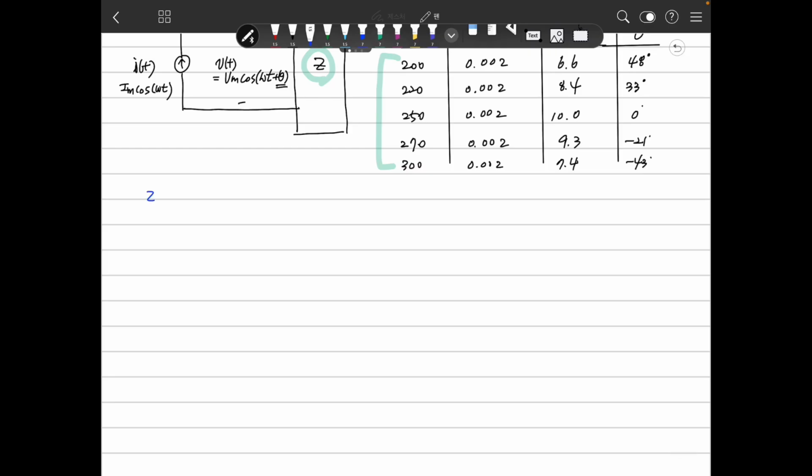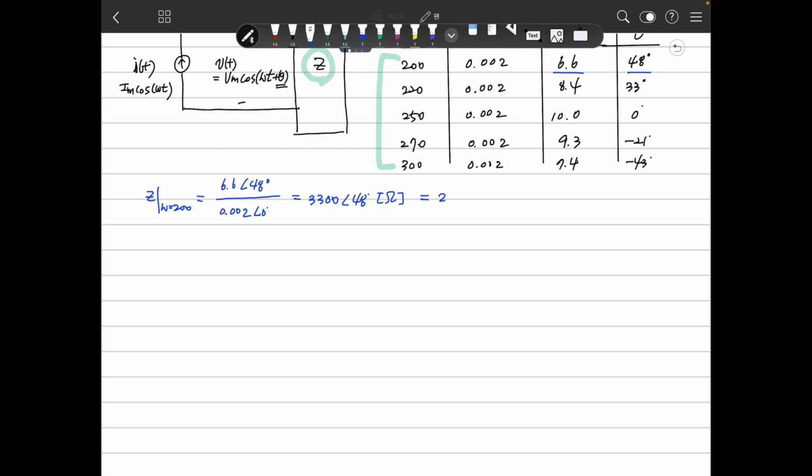So Z, when omega is 200, is 6.6 at 48 degrees divided by the source 0.002 at 0 degrees. This is in ohms.